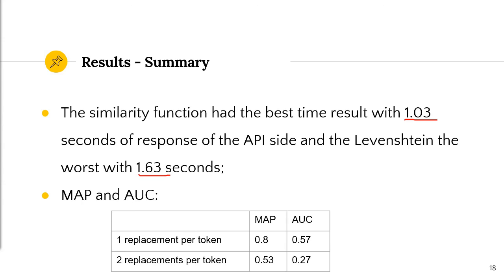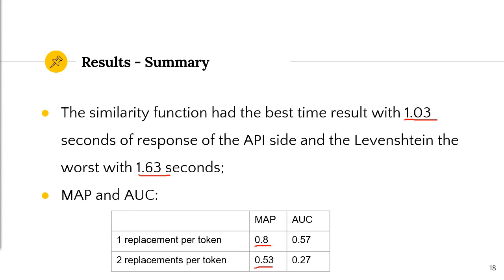For the calculated mean average precision and the area under the curve, the similarity function had the best mean average precision and area under the curve for both 1 replacement per token and 2 replacements per token, where the mean average precision for 1 replacement per token was 0.8, and for 2 replacements per token, it was 0.53.